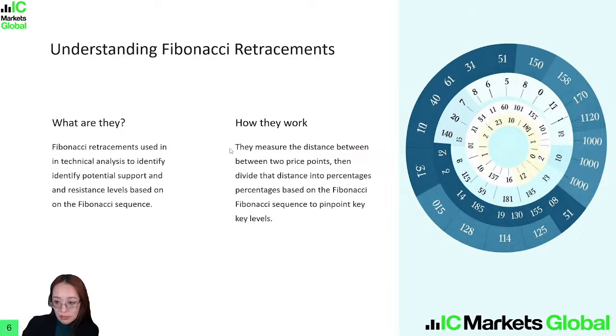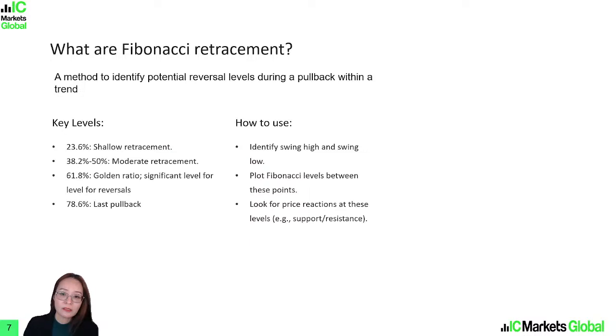They measure the distance between two points, then divide the distance into percentages based on Fibonacci ratios to pinpoint key levels. Like I just mentioned, we use it to identify support and resistance. It also identifies potential reversal levels during a pullback within a trend.